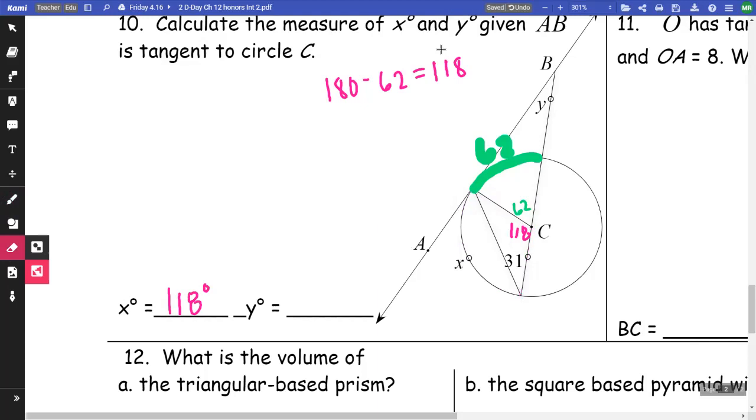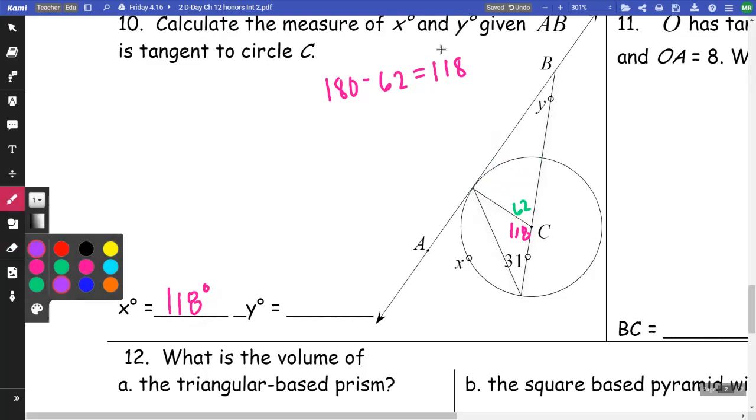Now, if that is 118 degrees, let me get rid of this for a second. I know also, because this is tangent to this point right here, that this radius is going to meet this at 90 degrees.